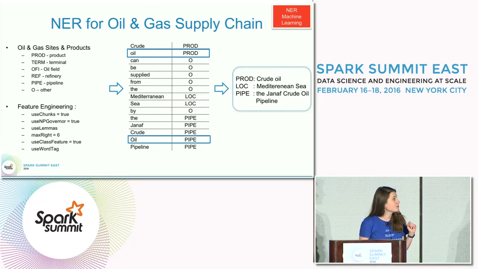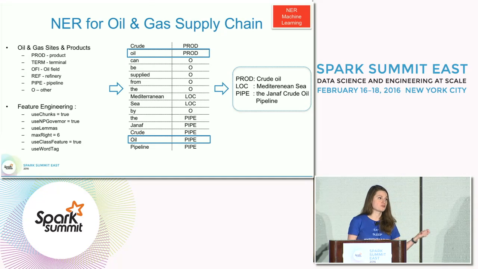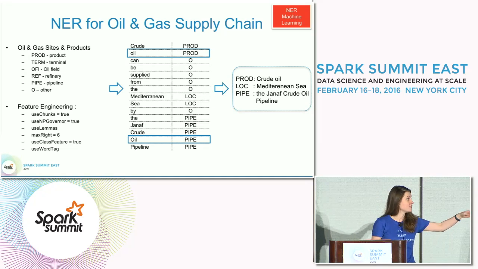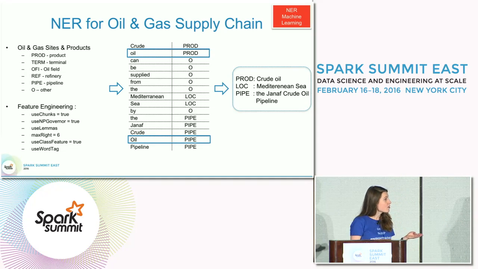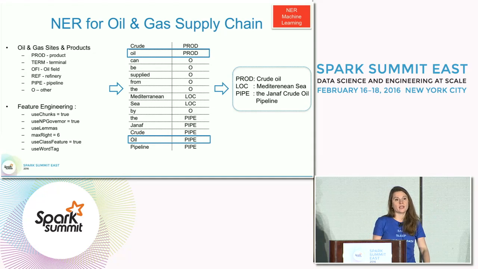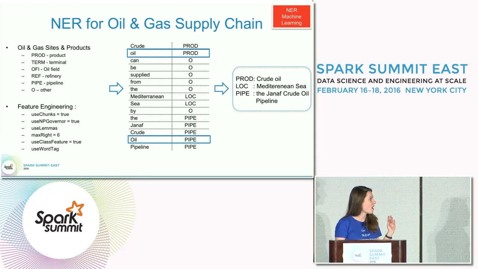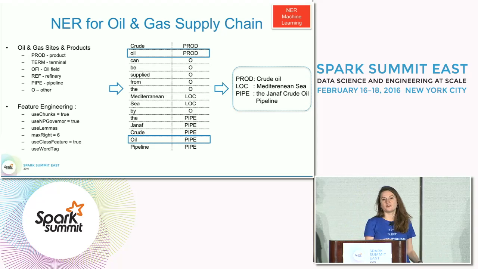For crude oil, that would be oil. For Janaf crude oil pipeline, that would be pipeline. So that would be the noun phrase governor that would infer the sense of words like Janaf and oil as well. And also, the set of features is forward-looking. We take up to 6 words to the right, okay?